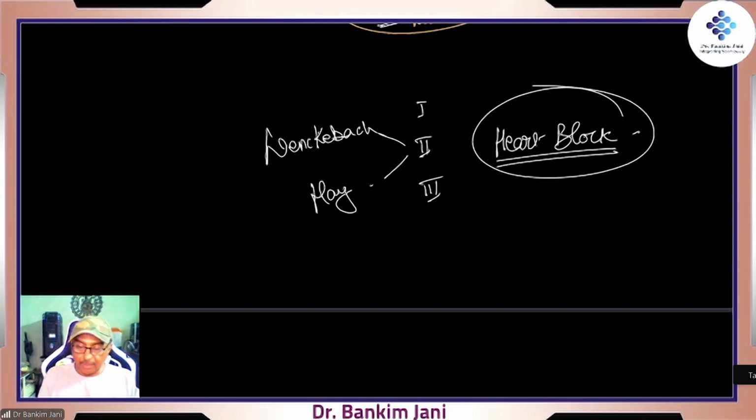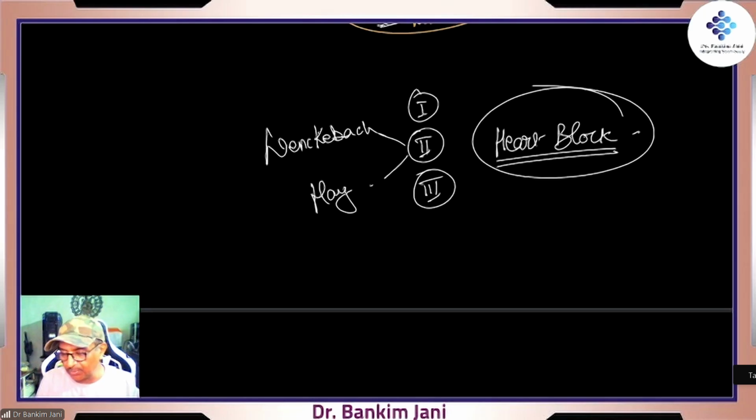And how to differentiate them clinically from an ECG perspective, what precautions are to be taken, and how to see the ECG so that within a split second you know what you are dealing with, correct?